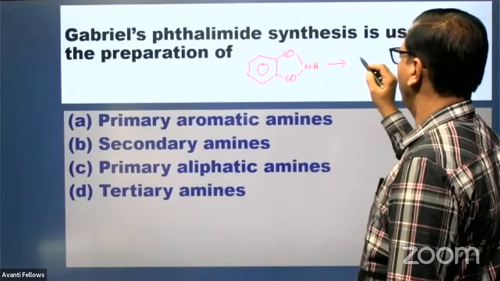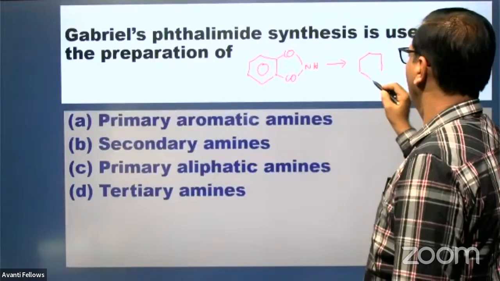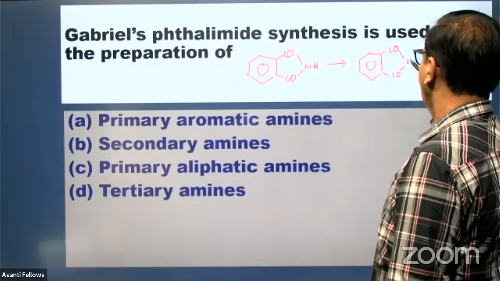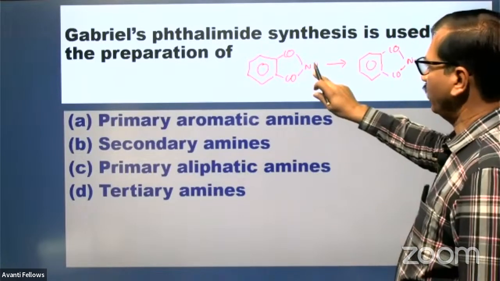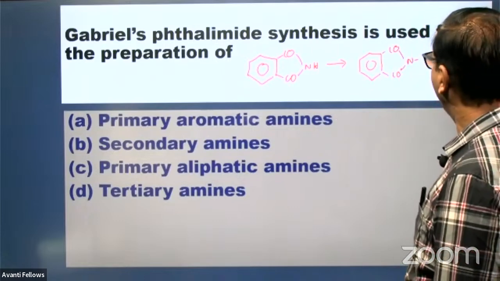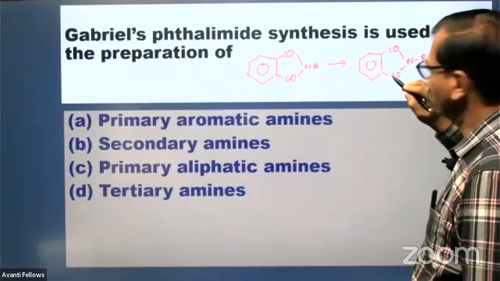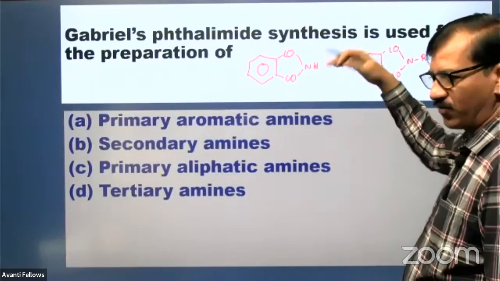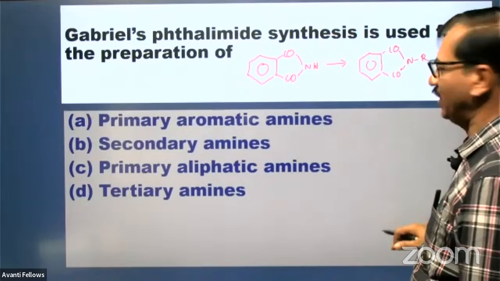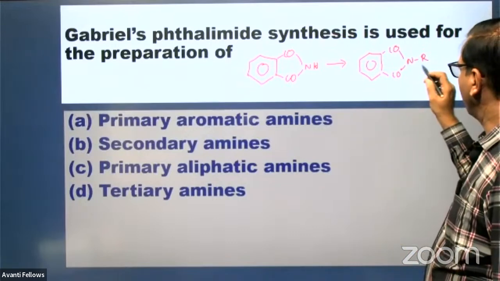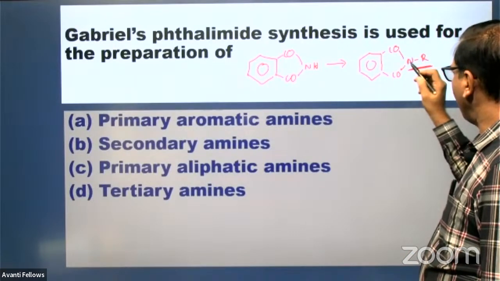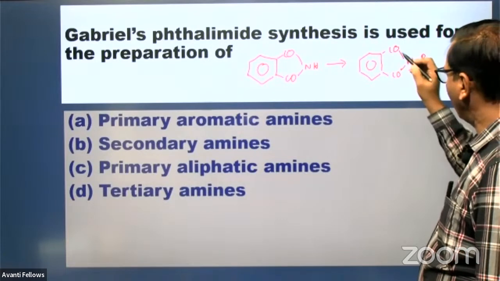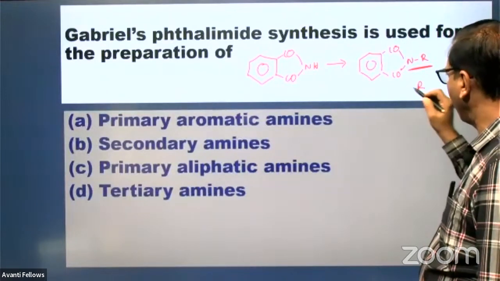The NH is converted into NK, and afterwards into NR, in two stages. This RN bond is only one bond with N. And the carbonyl bonds will be replaced by hydrogen at the end.